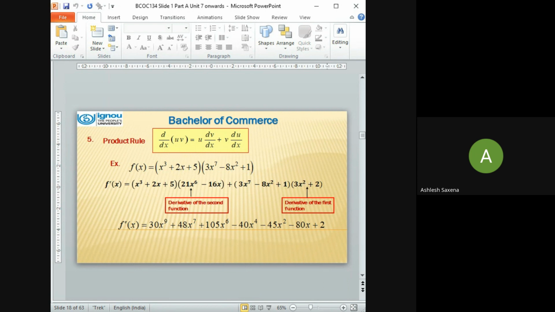Now multiply the brackets, because it has to be brought to a composite function. After multiplying these brackets and simplifying, adding and subtracting like terms, you will get the derivative of x as this one.